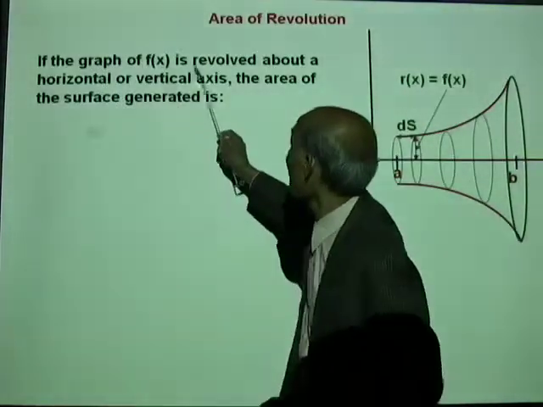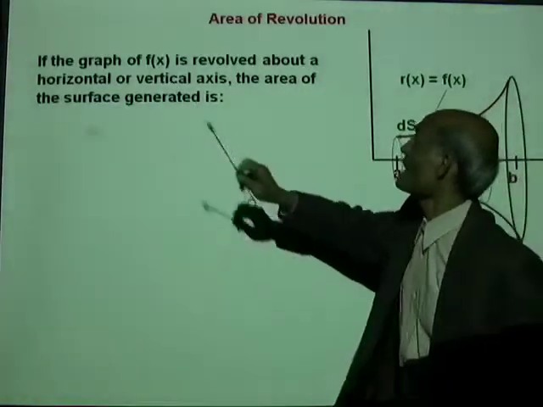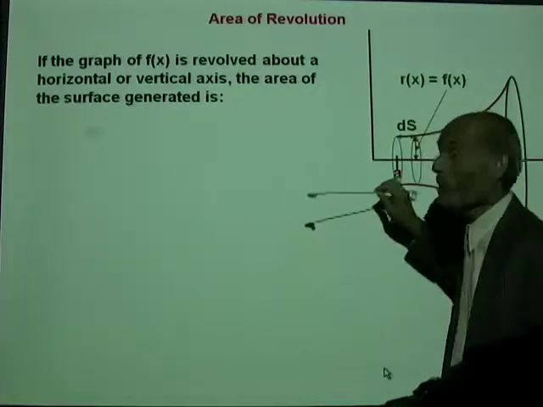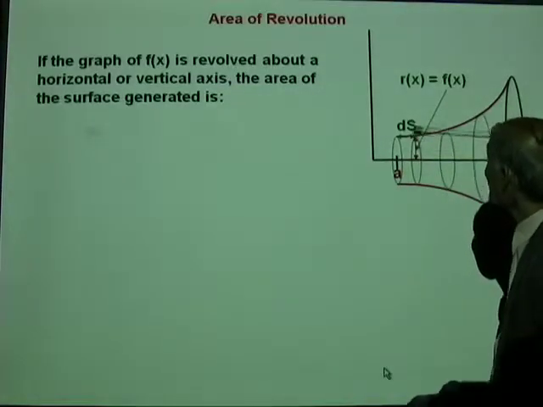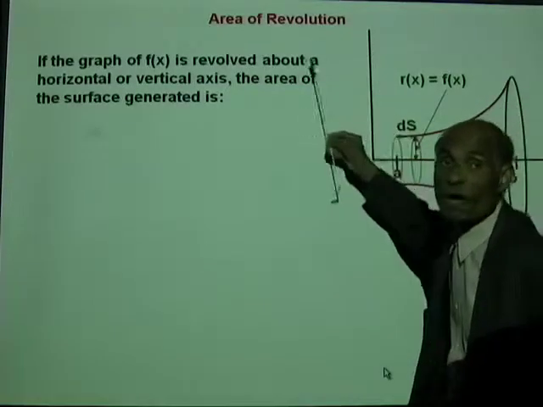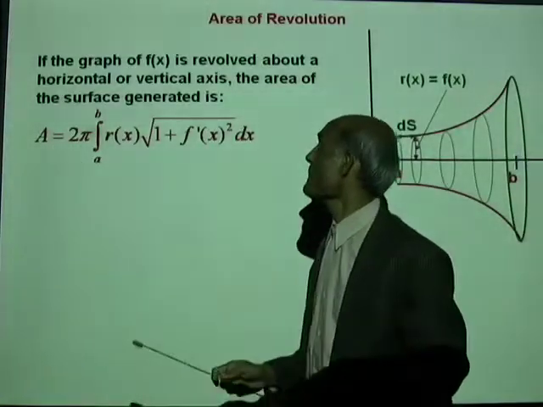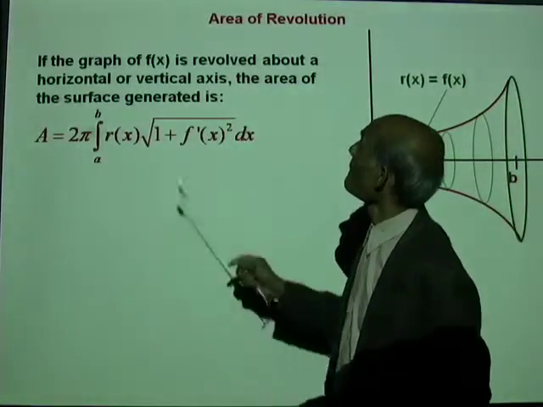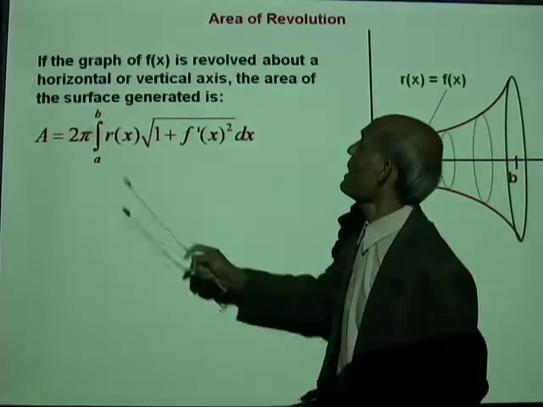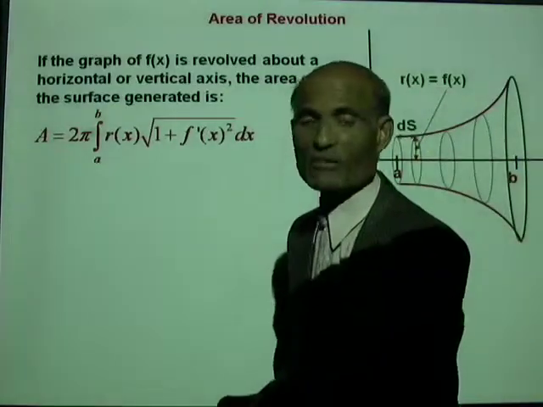If the graph of f of x is revolved about a vertical axis, you see the equation we developed so far is revolving the area about a horizontal axis. What happens if you revolve it about a vertical axis? What kind of area do you get? That will be 2 pi integral a to b of r of x square root of 1 plus f prime x squared, dx.